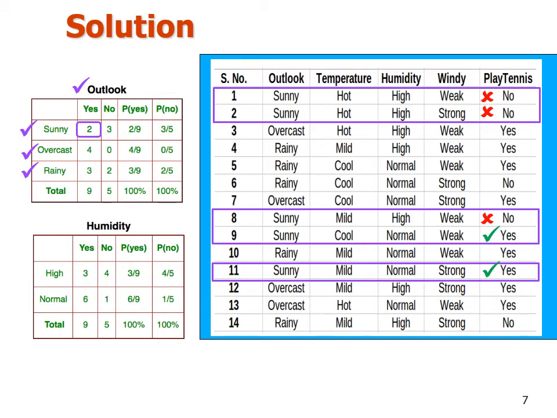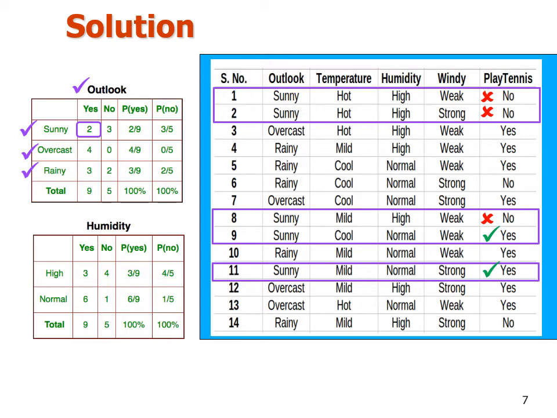So if once again we look at the training data set, we are having 14 instances, out of which 9 instances are having play tennis value as yes and 5 instances are having play tennis value as no. So for outlook sunny, the probability of yes is 2 divided by 9, meaning we are having 2 instances for which outlook value is sunny and play tennis value is yes, out of total yes instances 9.